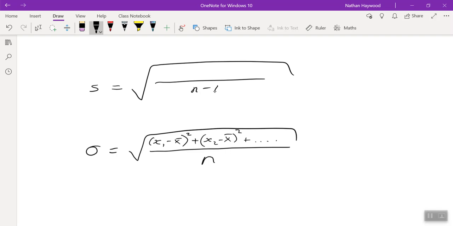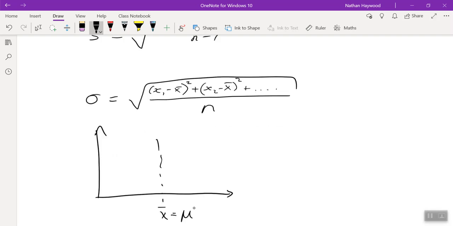Does anyone remember what standard deviation actually is? How spread out the data is. So if you have a standard deviation of 50 versus a standard deviation of 2, which one's more spread out? 50. So it's showing you from the mean, it's very spread out. You could have a graph like this.